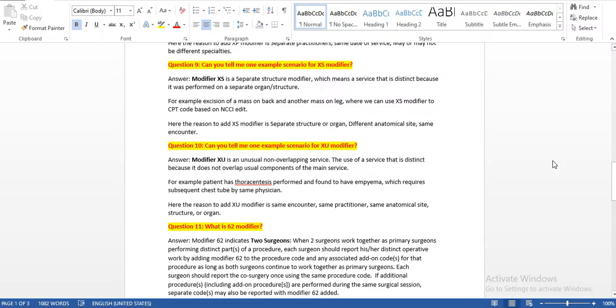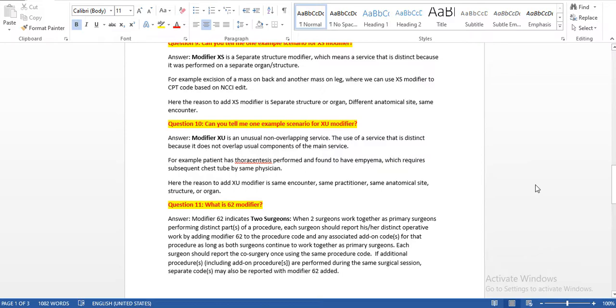Question 9. Can you tell me an example scenario for XS modifier? Answer. Modifier XS is a separate structure modifier, which means a service that is distinct because it was performed on a separate organ or structure. Basically, XS modifier is a replacement modifier for 59 modifier. We can use 59 or XS modifier, based on client preferences. Some clients require 59 modifier, some clients require XS modifier.